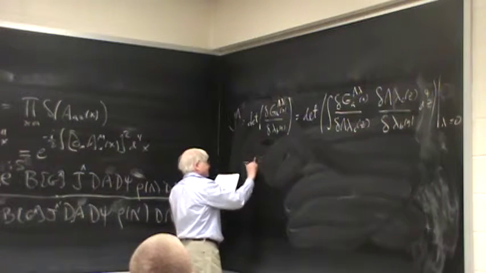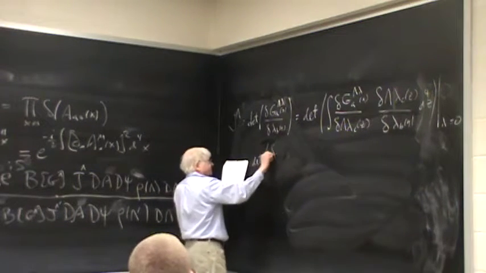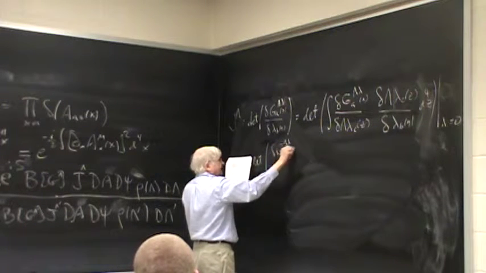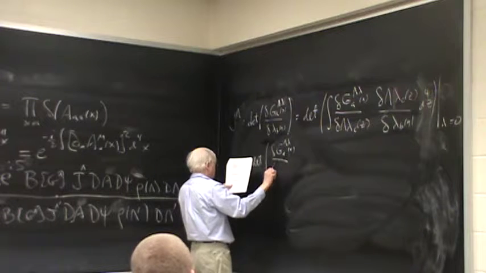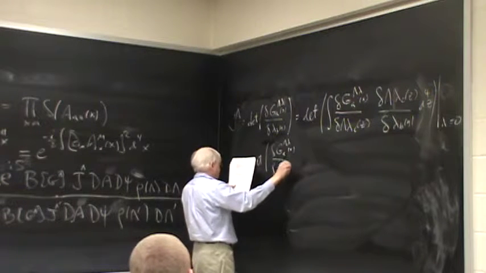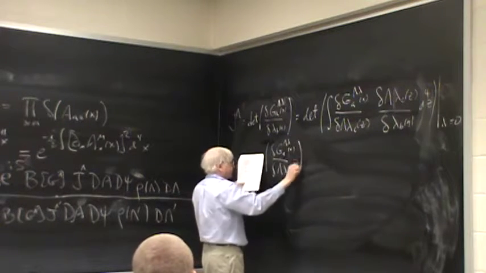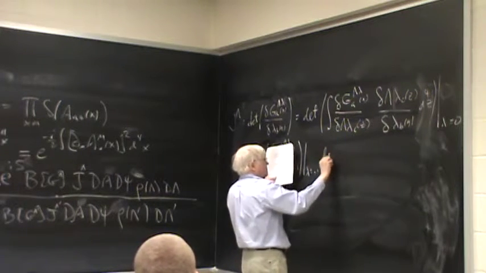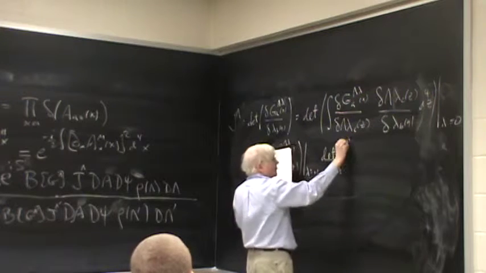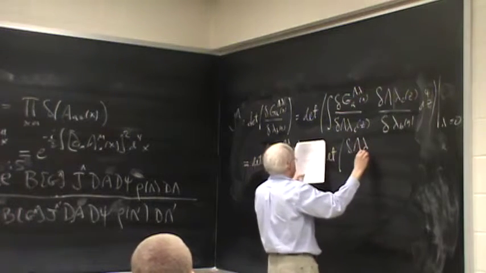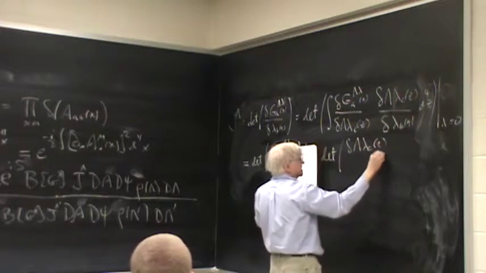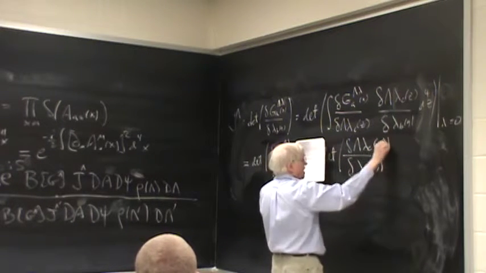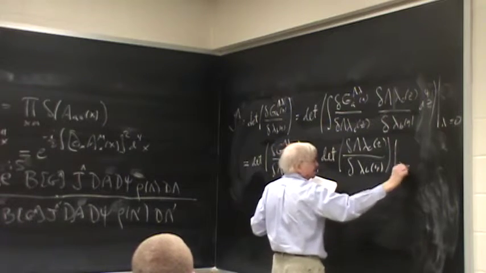So this is the determinant of the variation of G lambda A x, variation lambda c, at lambda equals 0, times the determinant of the variation lambda c of z, variation lambda b of y, again at lambda equals 0.